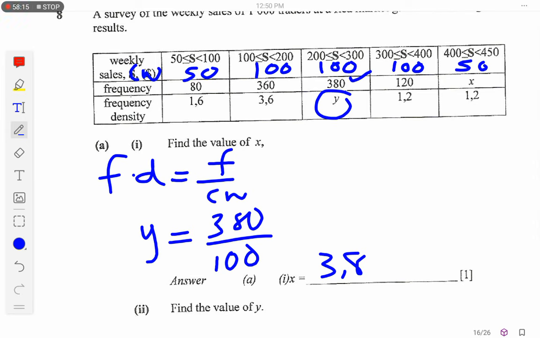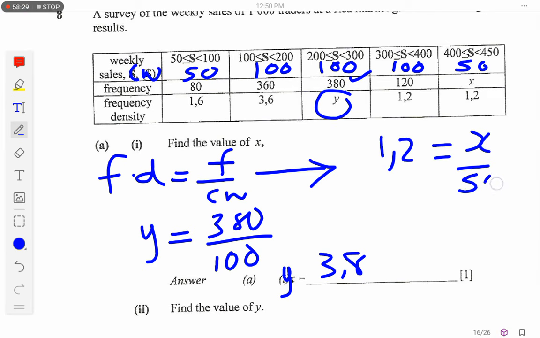Then to get our x value, we use the same formula. So it is going to be 1.2 is equal to x over 50. So our x is going to be equal to 50 times 1.2. So our x value is equal to 60.